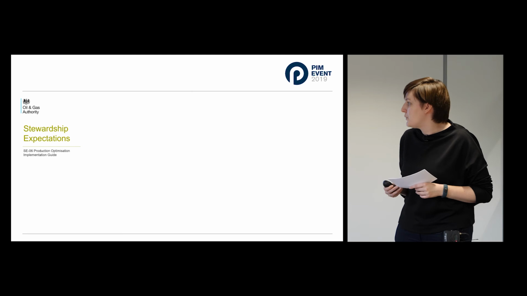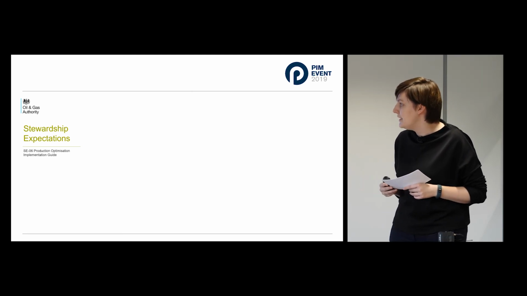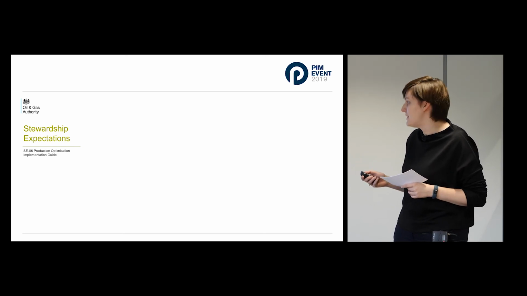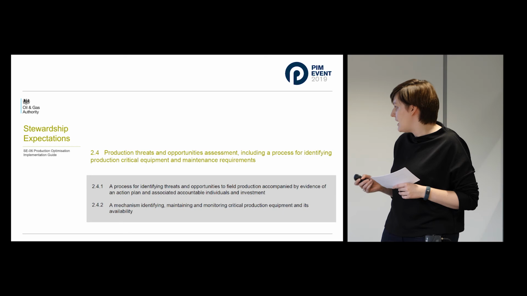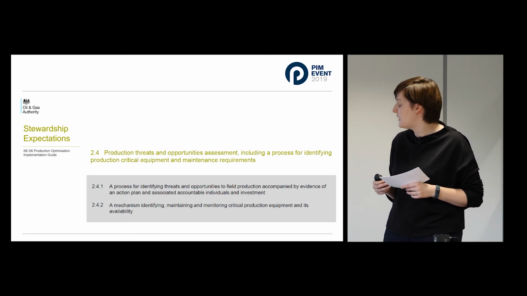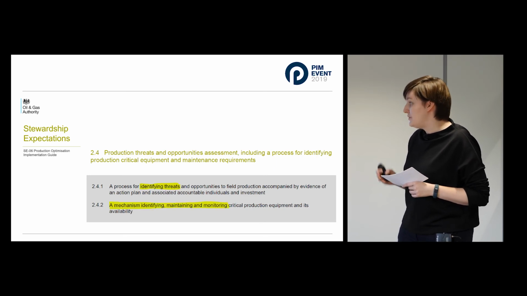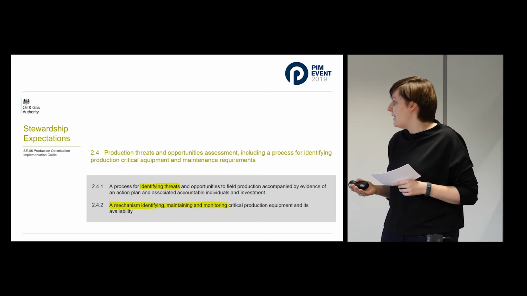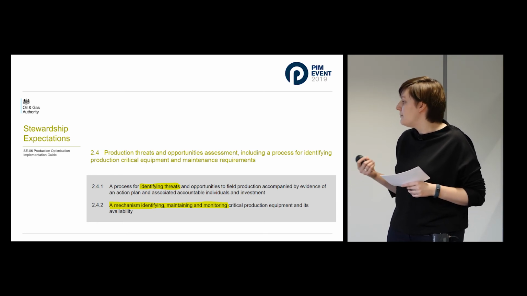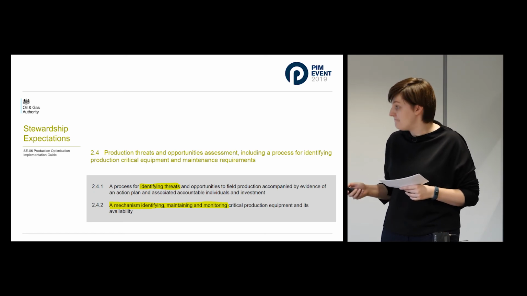Now I'd like to present also Stewardship Expectations, and that's the Production Optimization Implementation Guide. It was prepared by Oil and Gas Authority in 2017. There is a section called Production Threats and Opportunities Assessment, including a process for identifying production critical equipment and maintenance requirements. We can find here that stewardship expectations are to have a system in place for identifying production threats, as well as for identifying, maintaining and monitoring critical production equipment.